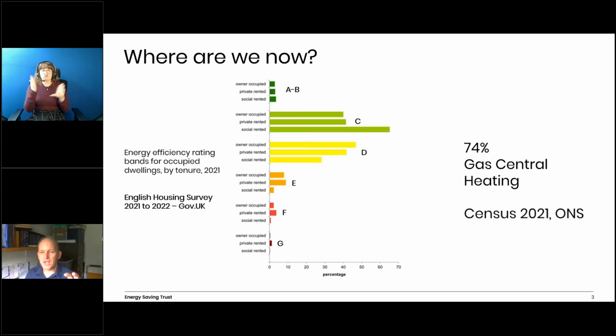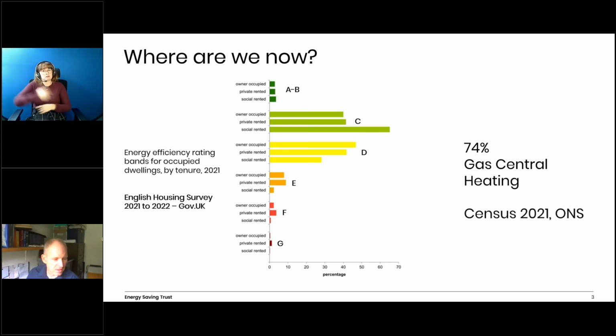So there's a lot of properties to be brought up to at least that band C level in terms of fabric performance. There's then a separate issue, that the majority of that housing is on gas central heating. Roughly 3/4 of all housing is on gas central heating at the current time. And we need to get that away from gas onto a non-fossil fuel based heating source, whether that be heat pumps, possibly hydrogen boilers, possibly district heating. So it's a major challenge that we're facing.